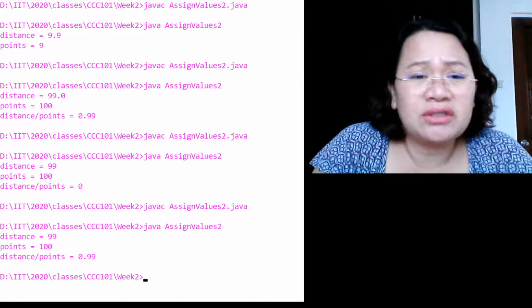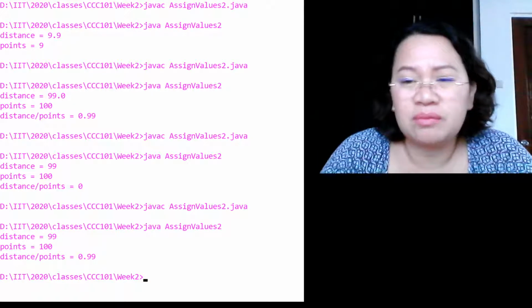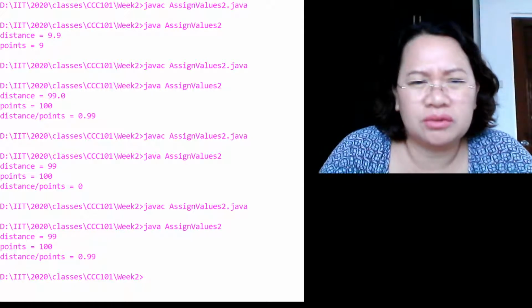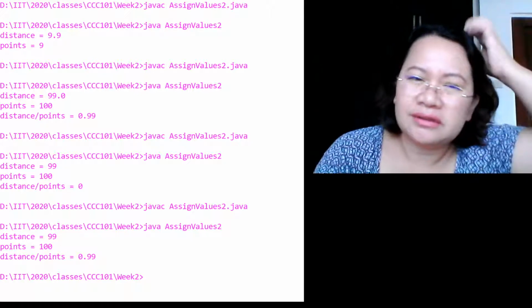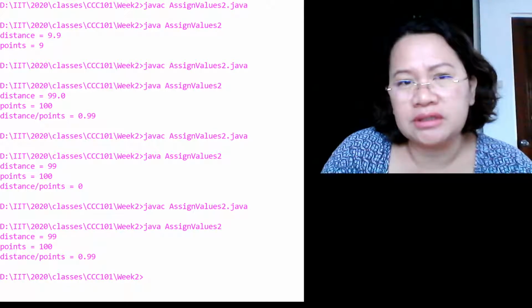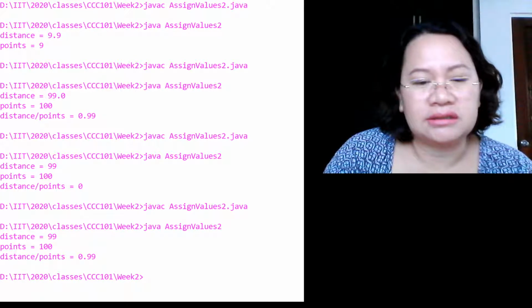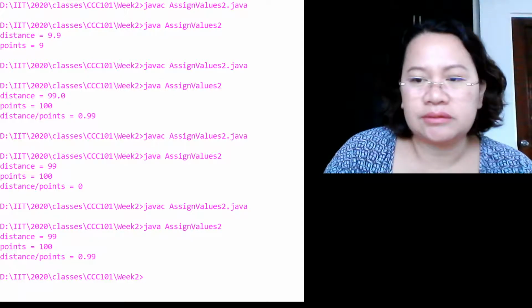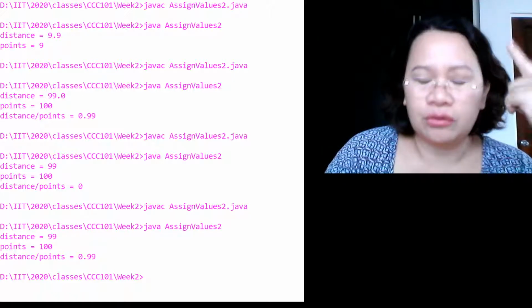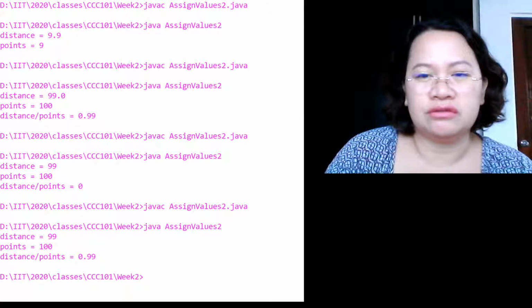But we really didn't want to convert this to double or depending on the problem, no? Kung pwede siya declare as double. Pero if dili, and then you just want to get the decimal part in the division, then you can always do typecasting. Okay, that's one of the uses of typecast. But always remember, an integer divided by integer will always give you an integer result.